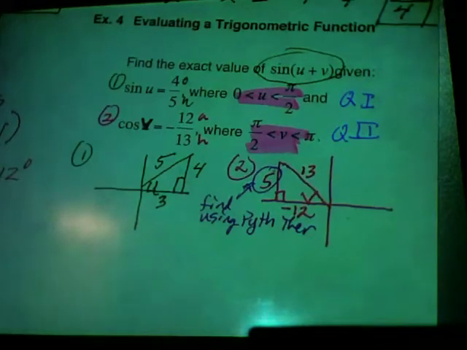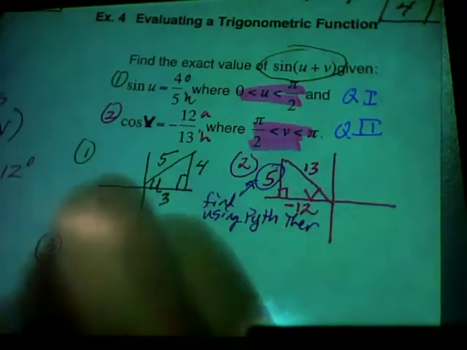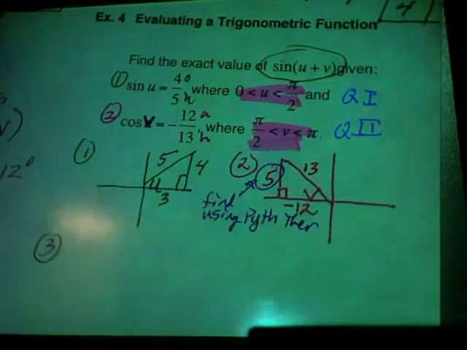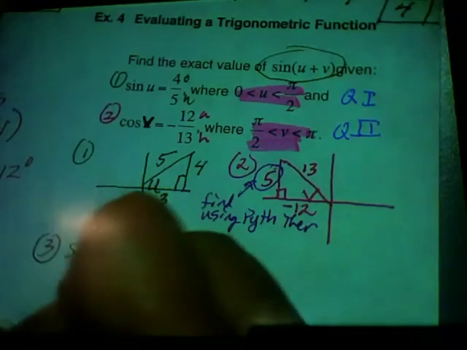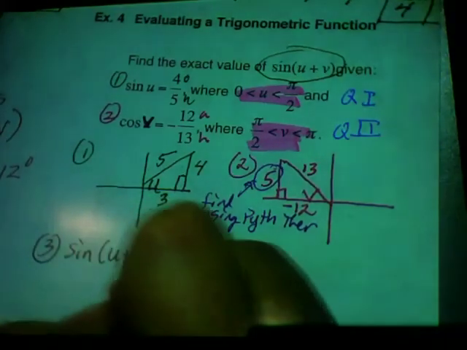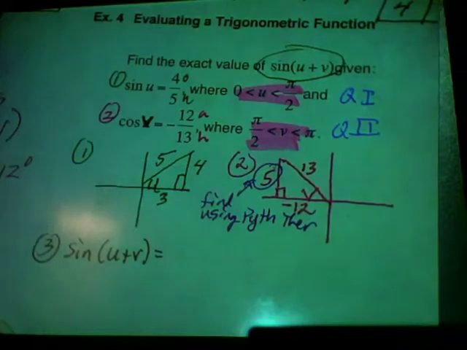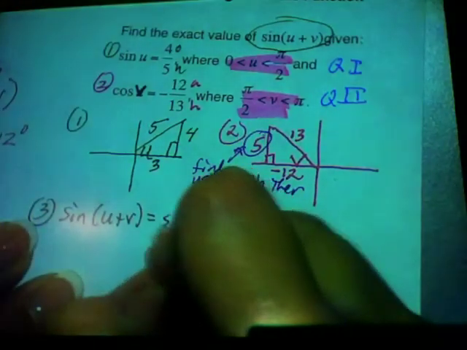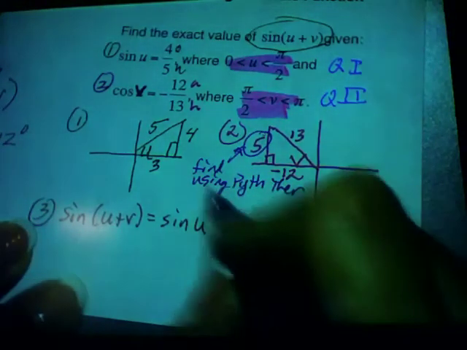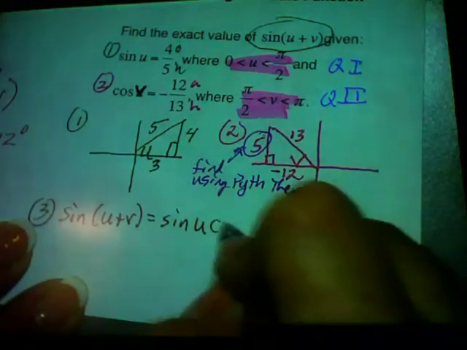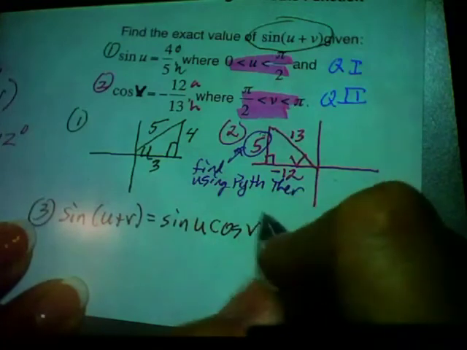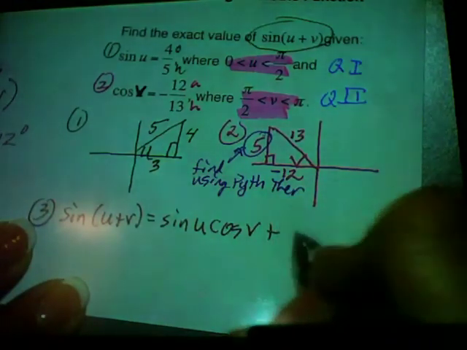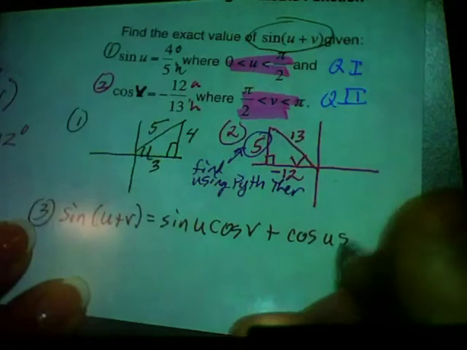Okay. So then step 3, we're going to do the sine of u plus v. Okay? So the sine of u plus v is equal to, write out your formula that you see above. Isn't that the sine of u cosine of v plus cosine of u sine of v?